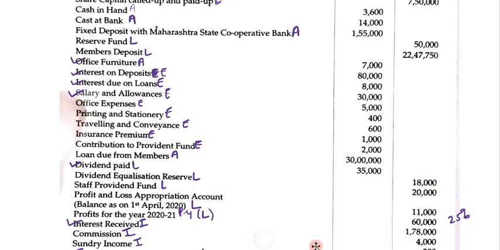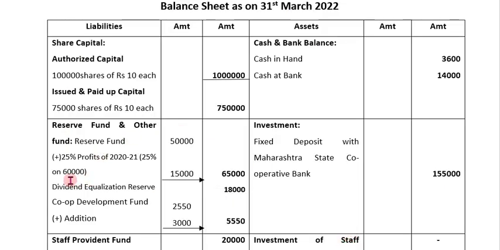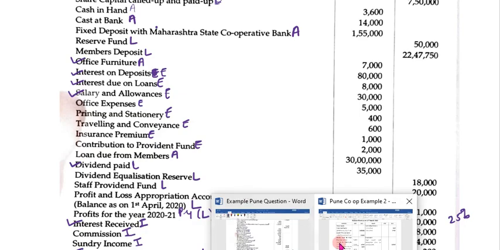Out of this 60,000 rupees, 25% of profit you have to transfer to the reserve fund. So add 25% of the previous year's profit, that is 2021, 25% on 60,000. So you get the amount 15,000. So this 15,000 is added to 50,000. So the total will be 65,000. Okay, so 50,000 plus 15,000, 65,000.